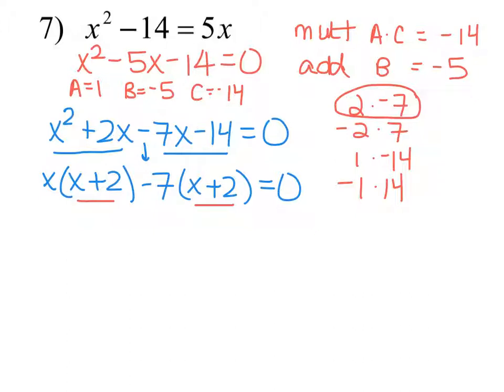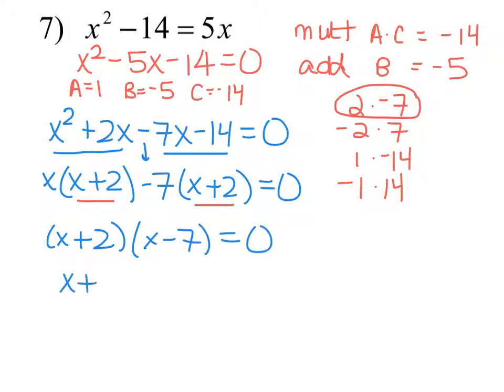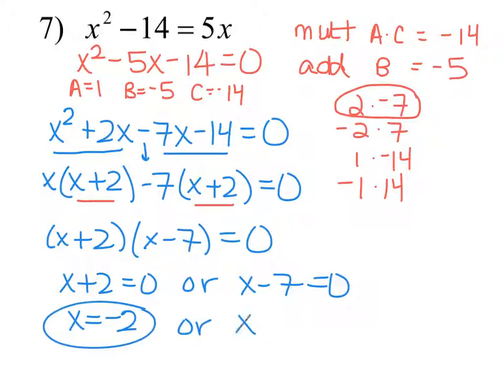So that if we factor out that common factor of x plus 2, then what's going to remain is x minus 7. So then we can apply the zero product property, either x plus 2 equals 0, or x minus 7 equals 0. That's going to mean x equals negative 2, or x equals positive 7.